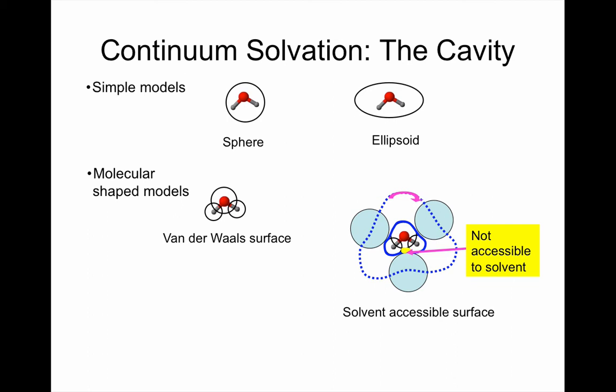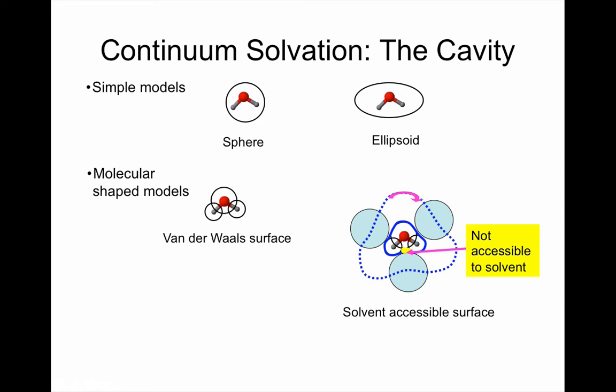In those more refined models, we can for example create the cavity by assigning to each nucleus, here for the case of a water molecule, a sphere, and then considering the convolution of those three spheres, and use this in order to define the cavity. By using van der Waals radii for these spheres, what we get would be what we call the van der Waals surface.